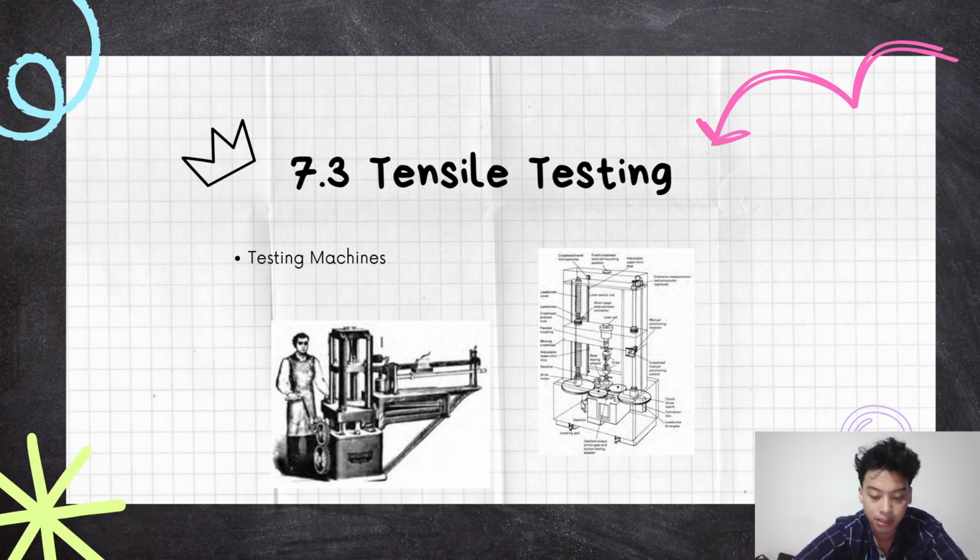And testing machines. Mechanical testing machines have been commercially available since the late 1880s, and they have evolved from purely mechanical machines, such as the popular Little Giant hand crank tensile tester of Tinius Olsen from 1900, in the picture on the left side.